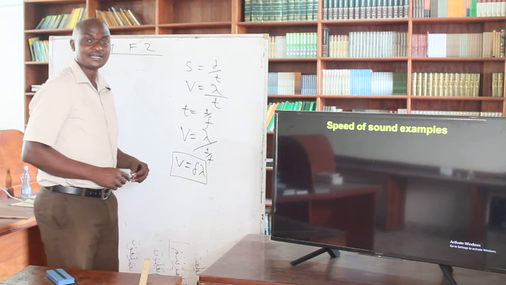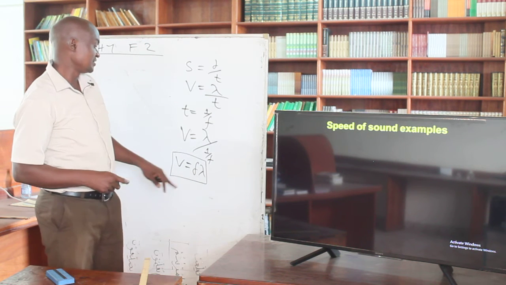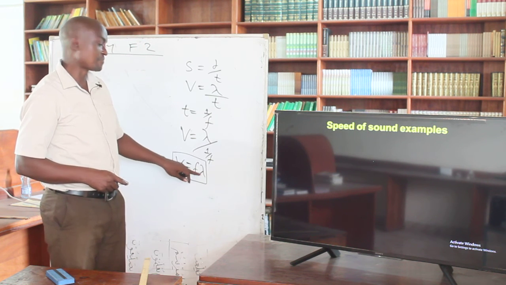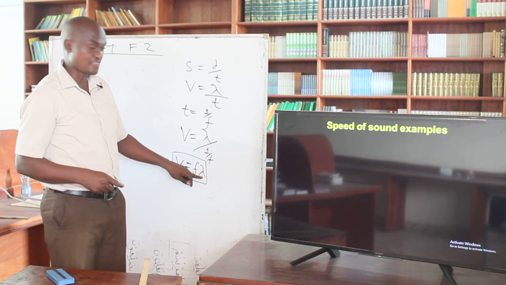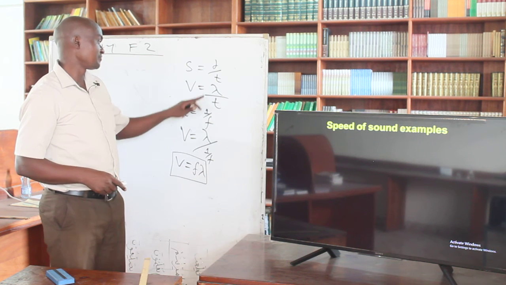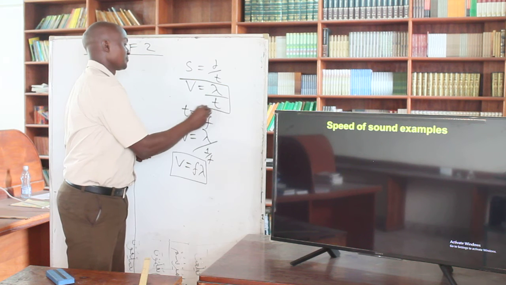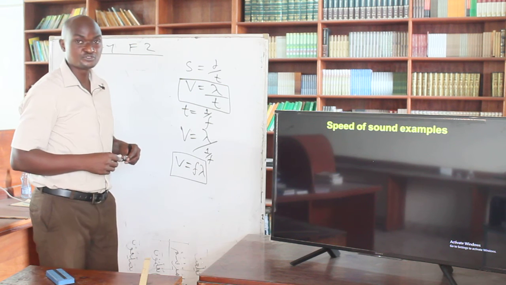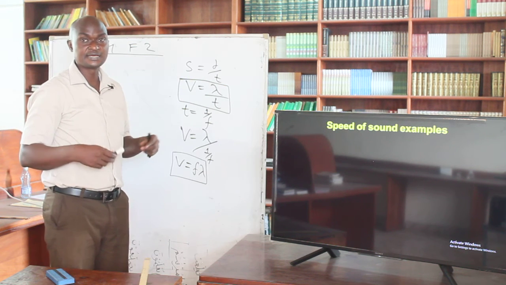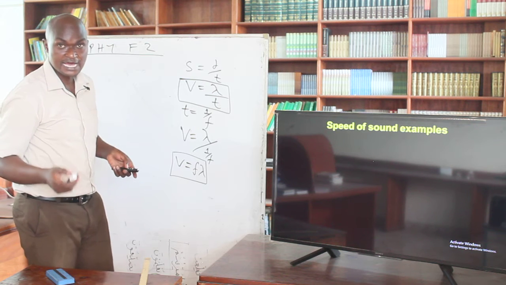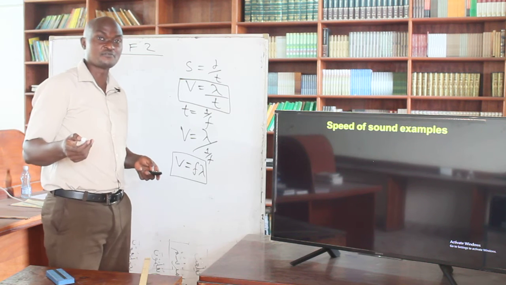That is, the speed of a wave is given by the frequency multiplied by the wavelength, or wavelength divided by the periodic time. Any of these two can be used to work out questions involving waves, and sound is a type of wave.